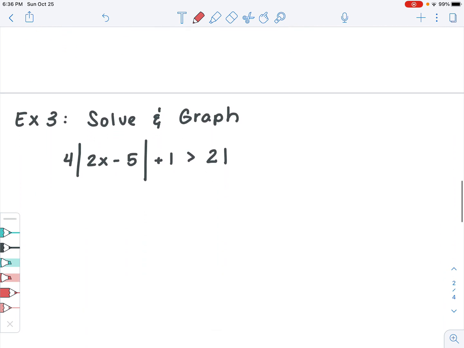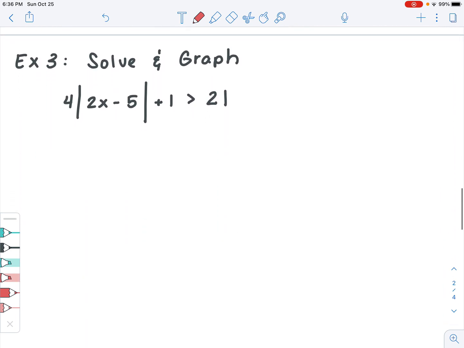Let's try one more together. So this one, the first thing I notice is that the absolute value is not all by itself. So we're going to have to get rid of things and move things around before we can write our two equations. The first thing I notice is we've definitely got to get rid of this positive 1.